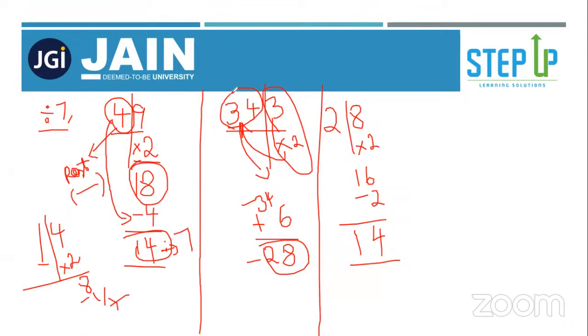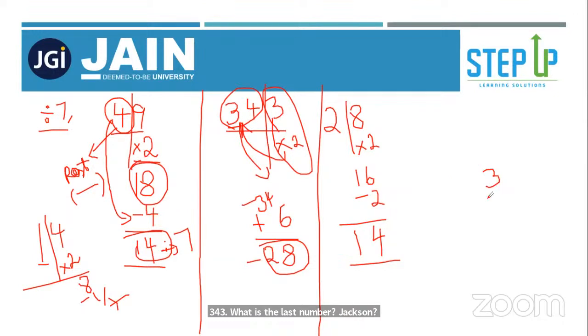Jackson, what's the last number of 343? That doesn't matter with the negative number. 343, what is the last number, Jackson? 3.